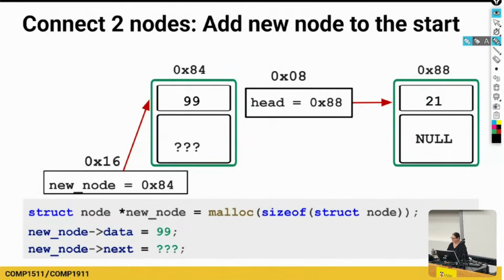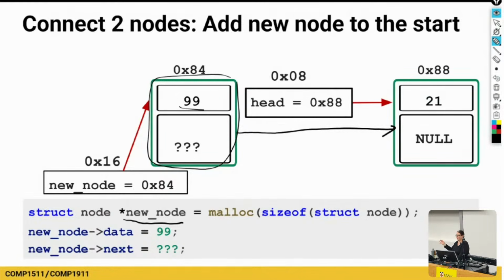So the first step, I'm doing my malloc. I've made a variable called new node, and I'm doing a malloc and creating this new node here. I'm setting the data inside to be 99. And in this case, I want to connect this to the beginning of the list. So I want this node that has 99 in it to be the first one in the list. And whatever else is in the list, I want it to come after it. So I'm putting this connection in here, right?